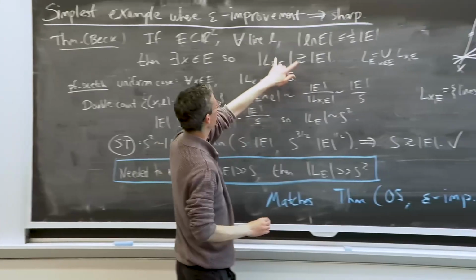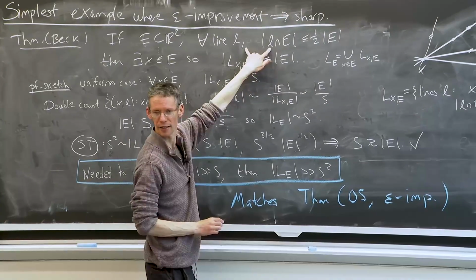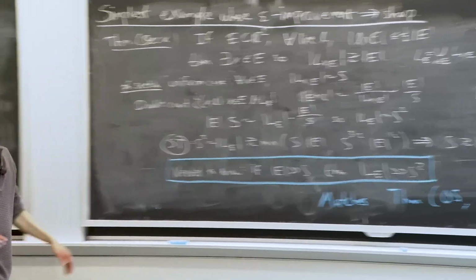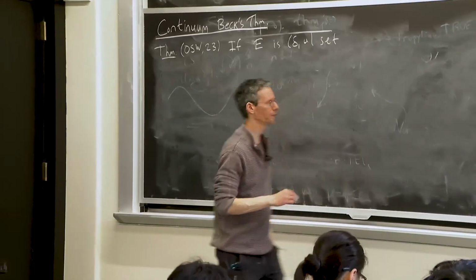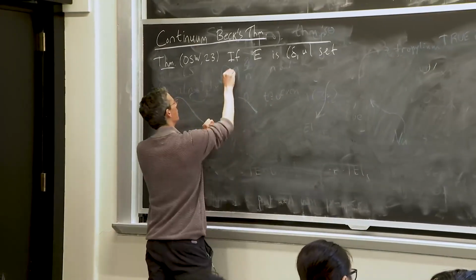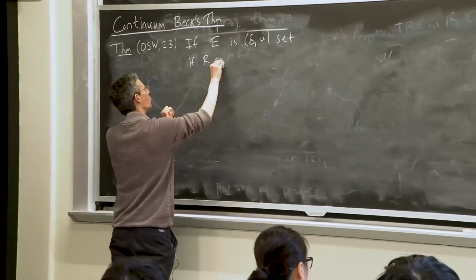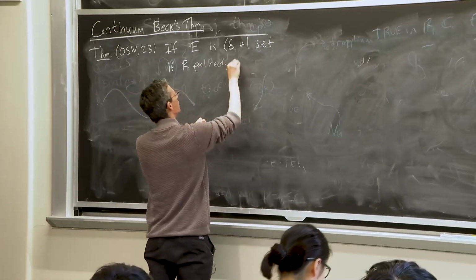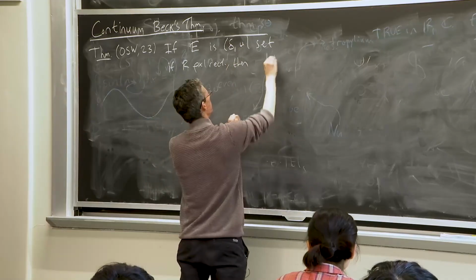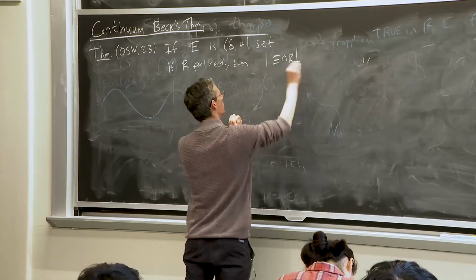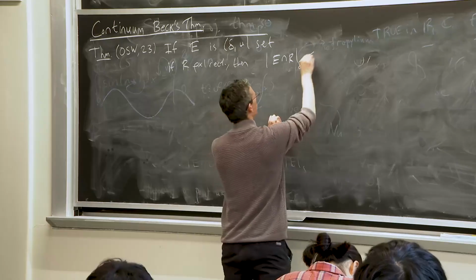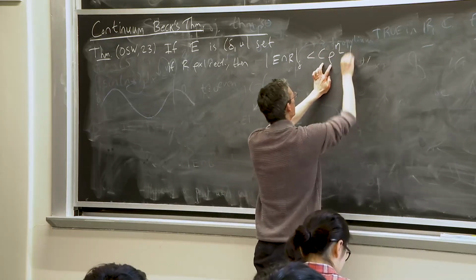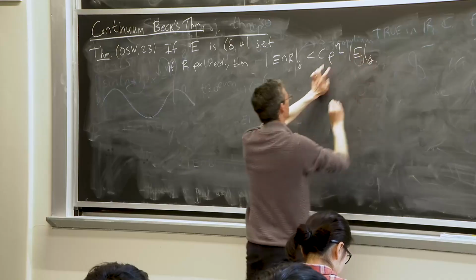Now I need an analog of this hypothesis that E is not too much in a line. And the analog says that E will be not too much in any thin rectangle. So we'll say if R is a rho by one rectangle, then if you take E and you intersect it with R, take the delta covering number of that, that should be kind of smaller than the total delta covering number.